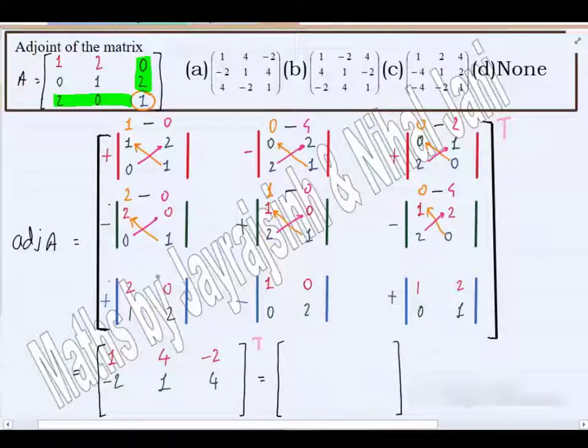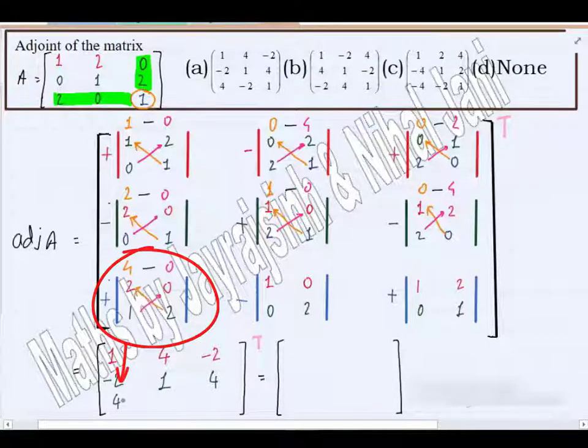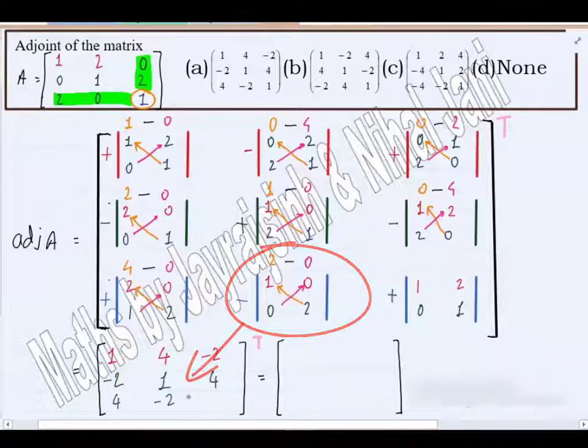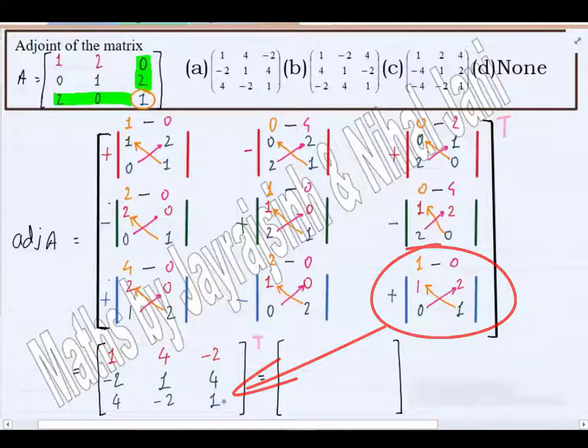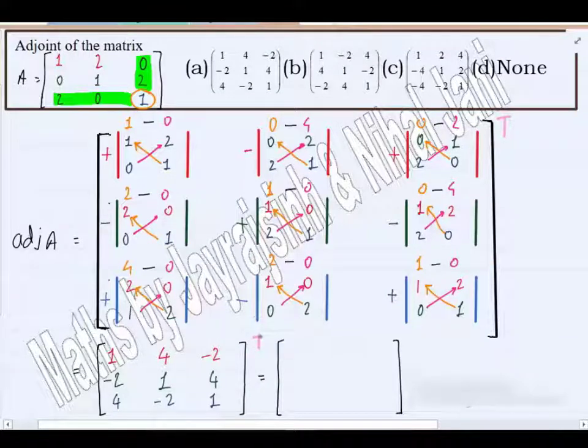Similarly, the elements of third row are 4, minus 2 and 1 respectively, but don't forget to get transpose.